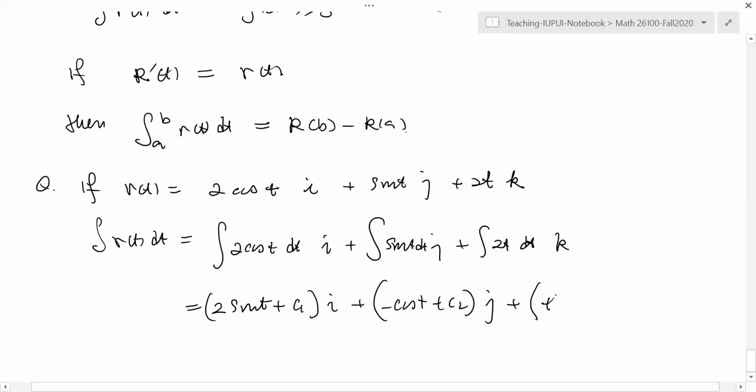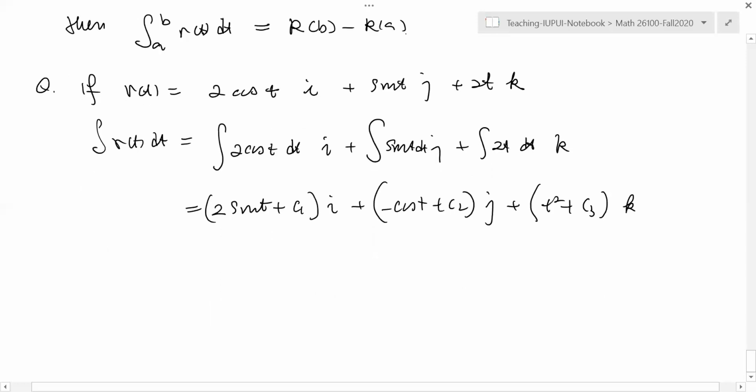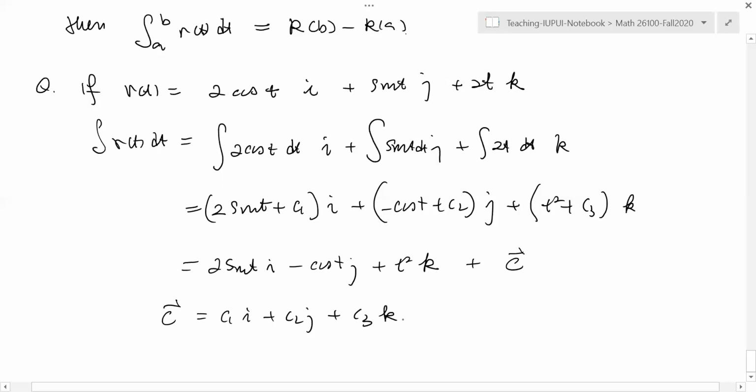The integral of 2t is t squared plus C3. Then you can combine them: 2 sine t i, negative cosine t j, plus t squared k, plus a constant vector. And this constant vector is just C1 i, C2 j, C3 k.